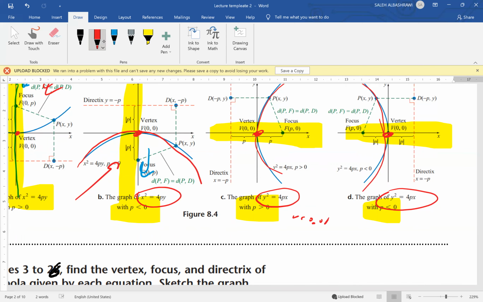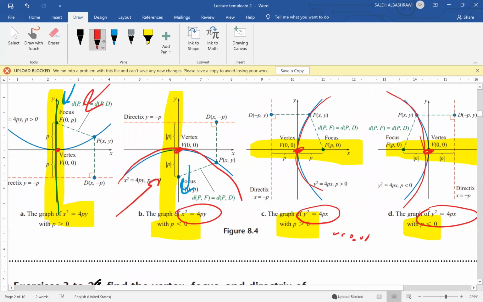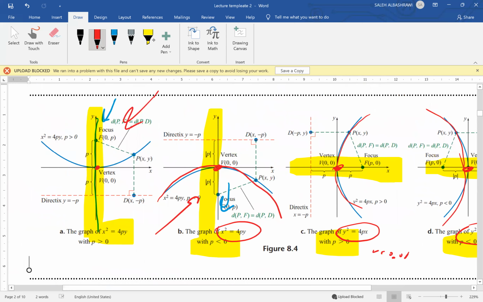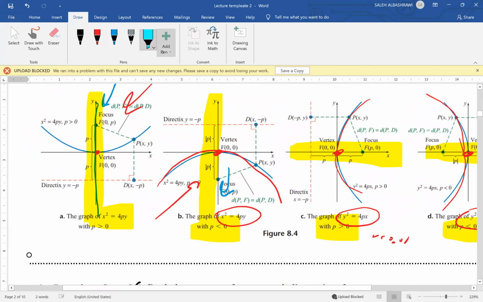For each one of them, we have to find the focus point and the directrix. For example, the first one. If it is upward, the focus point is (0, b) and the directrix is y equals minus b.